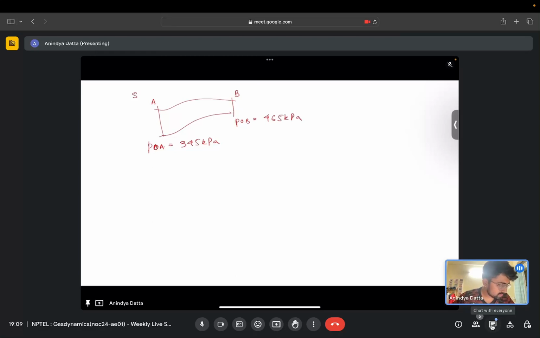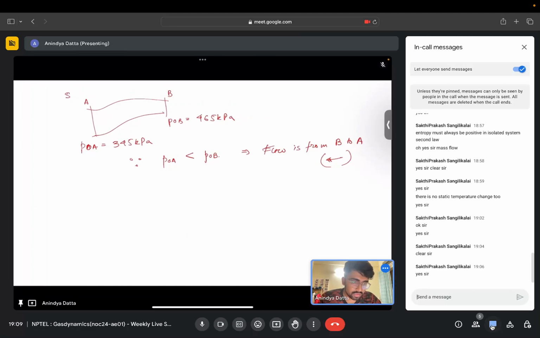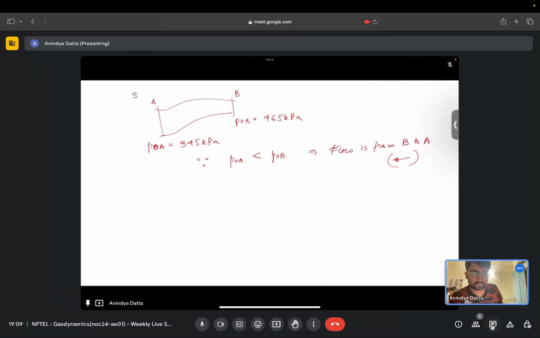Okay, so since P0A is less than P0B, which indicates that the flow is from B to A, right? Is this clear now? Any questions?